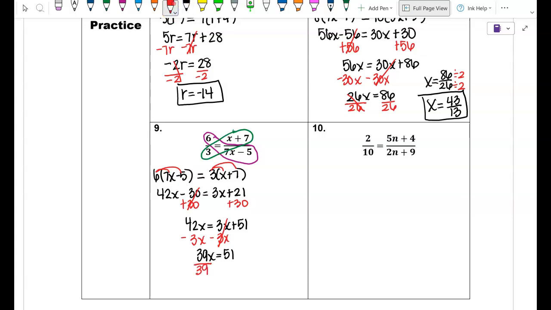Divide both sides by 39. And we have x equals 51 over 39. These are both divisible by 3. So we have x equals 17 over 13.